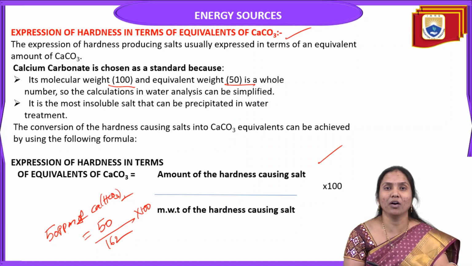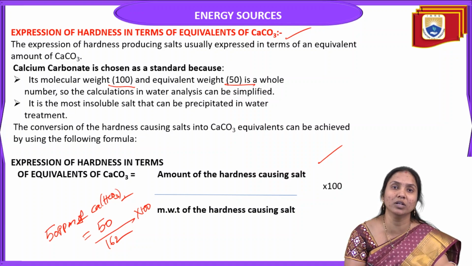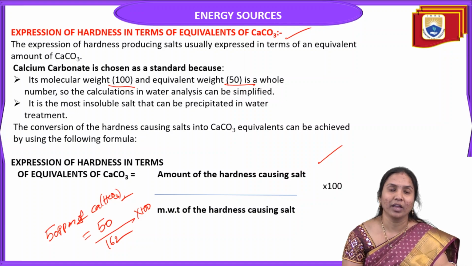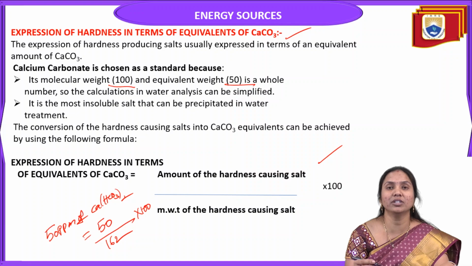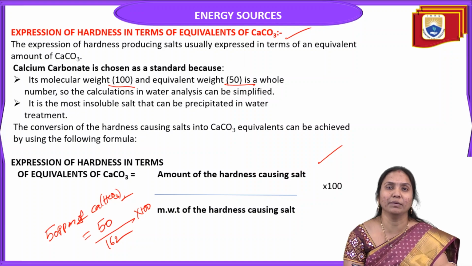In this way, all the hardness causing salts present in water we can convert into CaCO3 equivalent because it makes calculation very easy. CaCO3 is highly insoluble in water, with molecular weight 100 and equivalent weight 50, so the calculation in water analysis can be simplified.